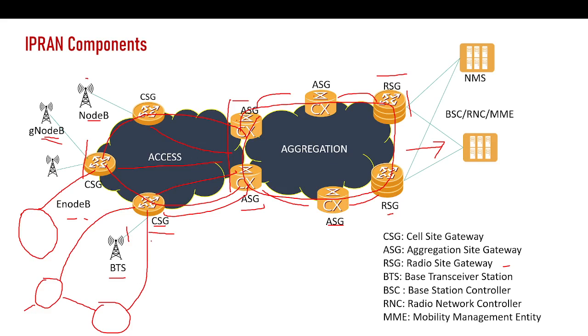So this CSG at site will first connect to the local BTS, the local eNodeB, the local NodeB that is on site. And then it can also connect to other nodes that are behind it. For example, you see this one is in a ring setup. So if you have this CSG and this CSG, definitely you will have another connection between these.